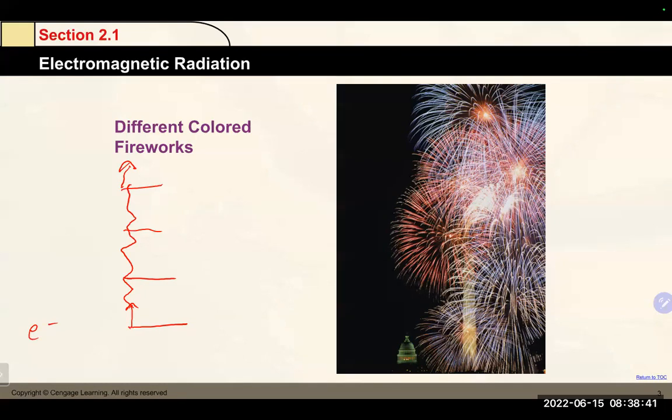Things in very high energy situations are usually very unstable. They don't want to be there. They want to get down to a lower state of energy. So this electron, which gained all this energy, will eventually work its way back down, maybe to the same energy level. Maybe it doesn't go all the way down, but it will try to transfer down.